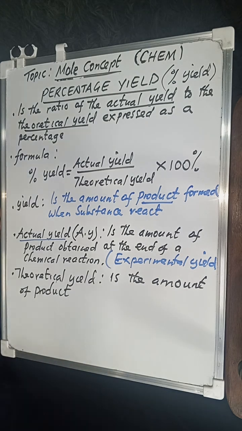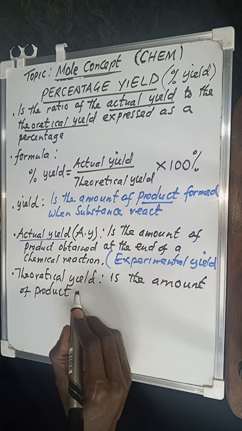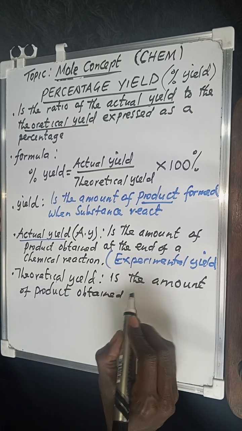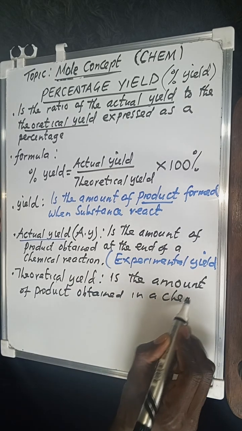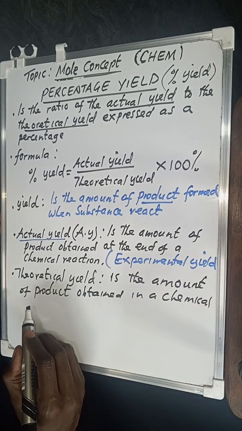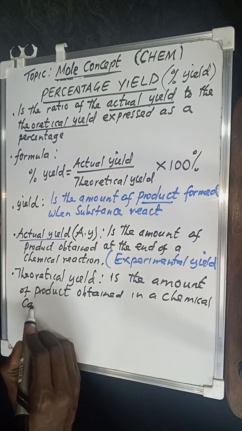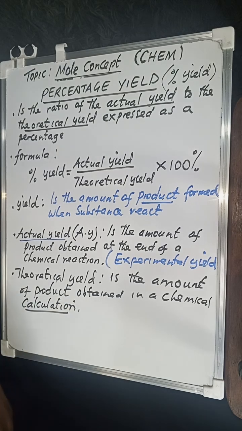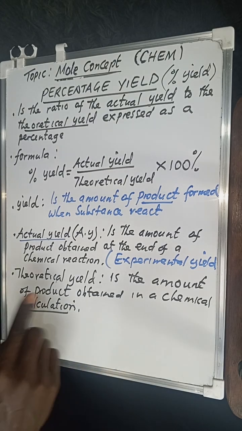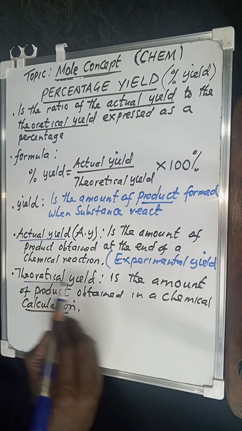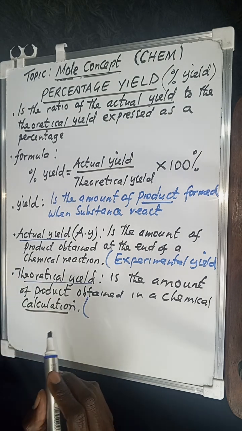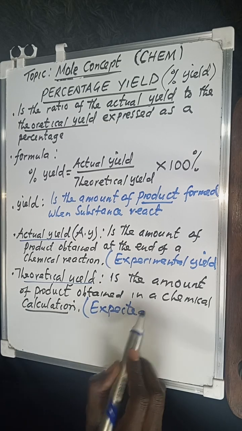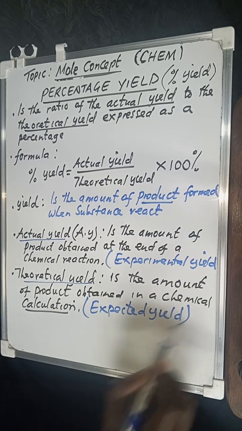So it is the amount of product obtained in a chemical calculation. So when you are calculating the amount of product, that is what we call the theoretical yield. Now the theoretical yield is sometimes also known as the expected yield.